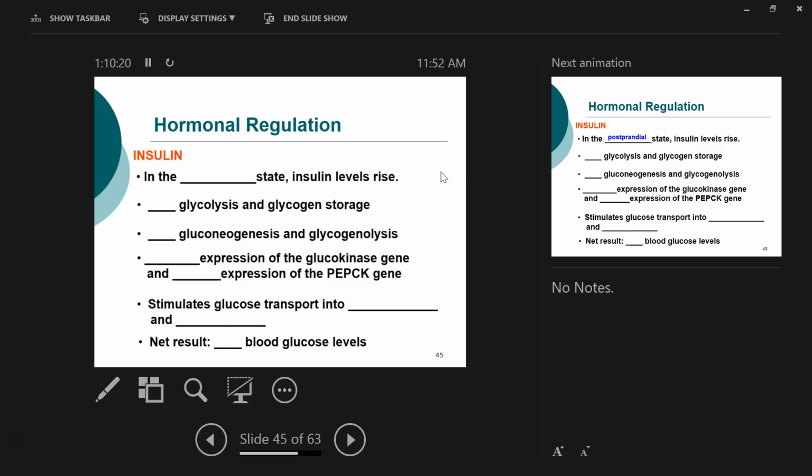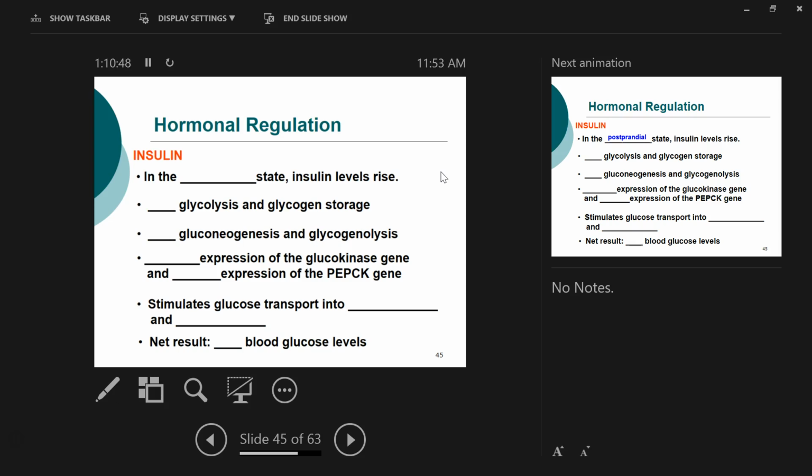Okay, now hormonal regulation. Now let's talk about insulin, which is a very important hormone, also called an anabolic hormone. That means usually insulin promotes the synthesis of complex molecules, like synthesis of glycogen.